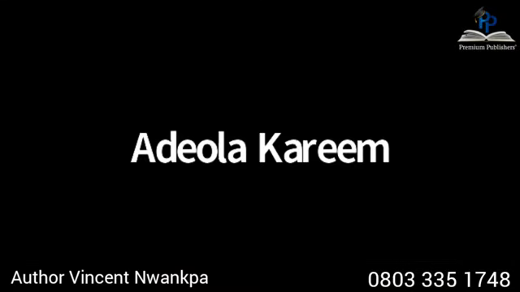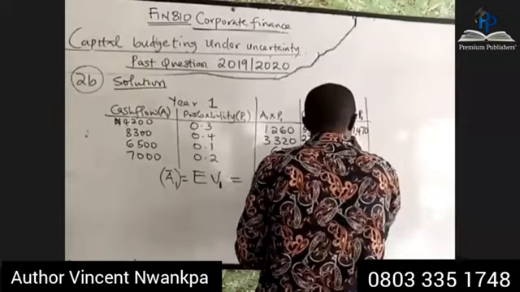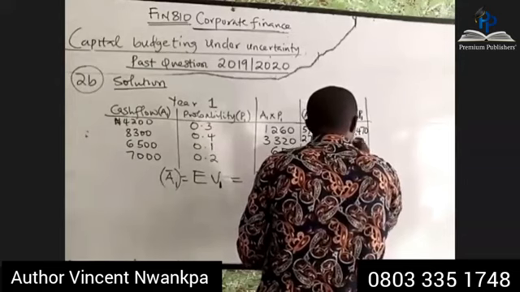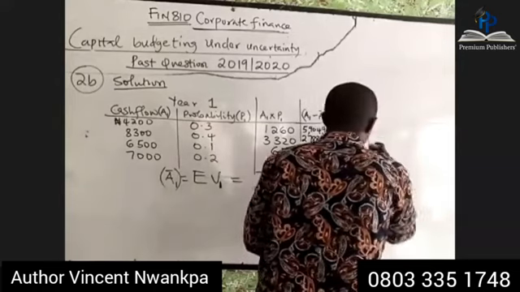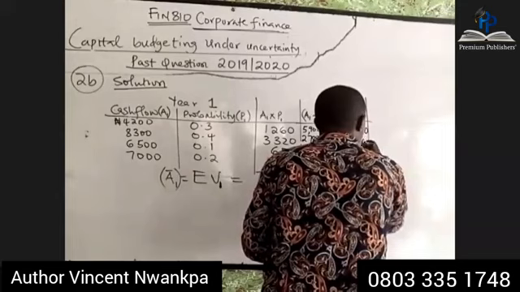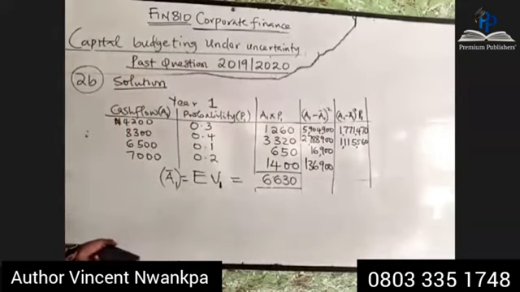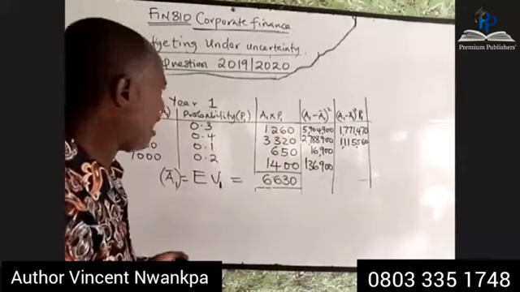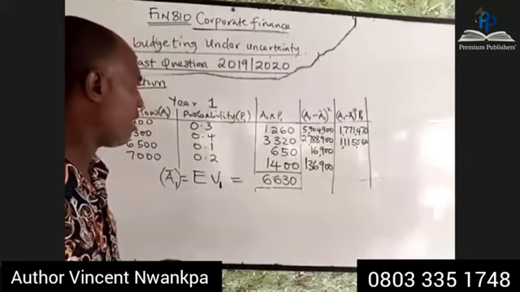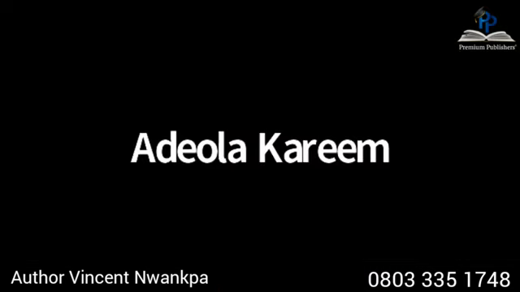The next is 788,900 times 0.4, 315,560. The other one is times 0.1, that should be 1,690.